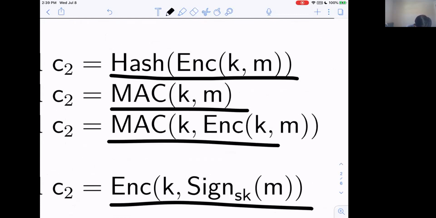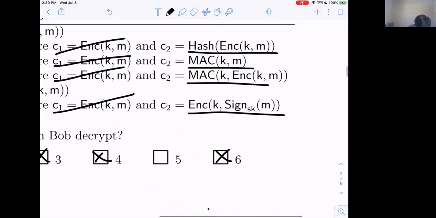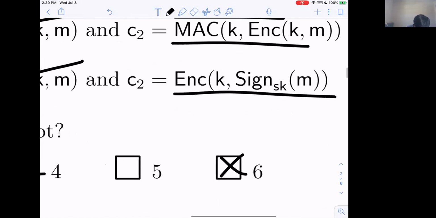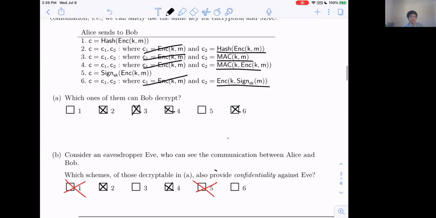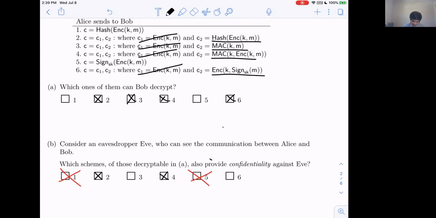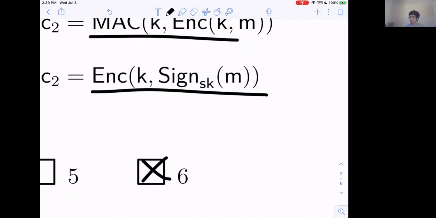So that brings us to the last question. Number 6, is this CPA secure, or is this confidential? Yes. Okay. Do you want to maybe try to justify why?